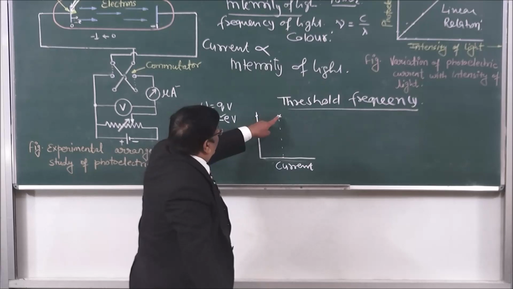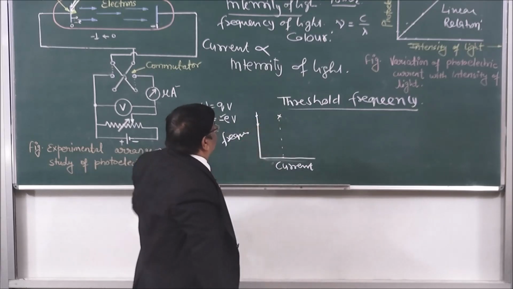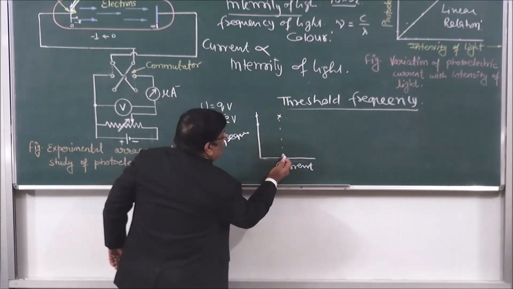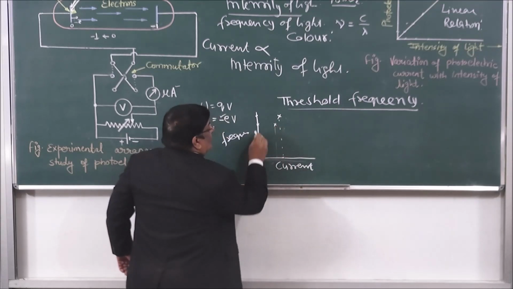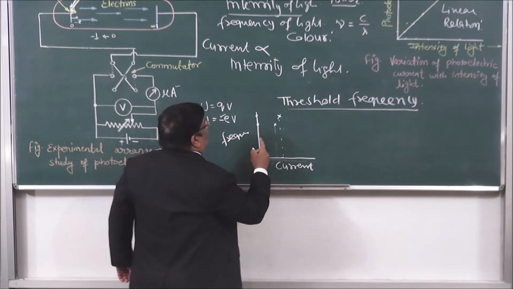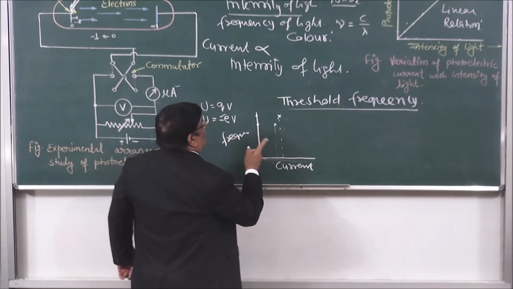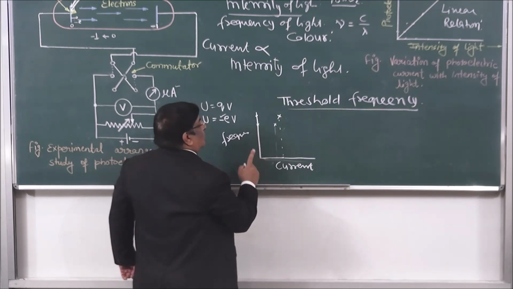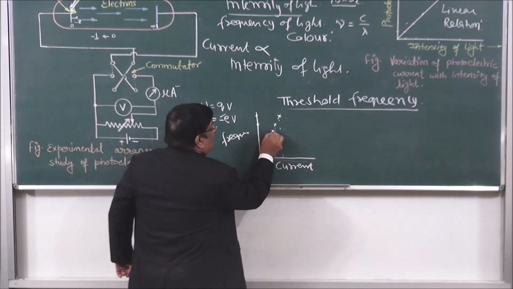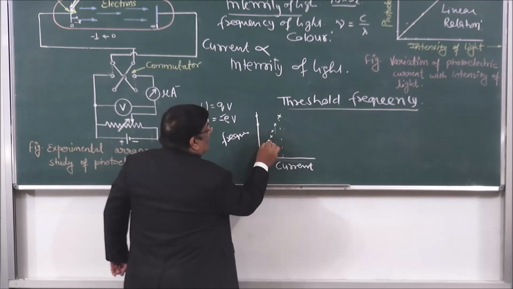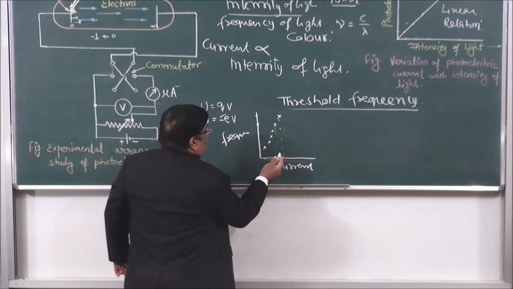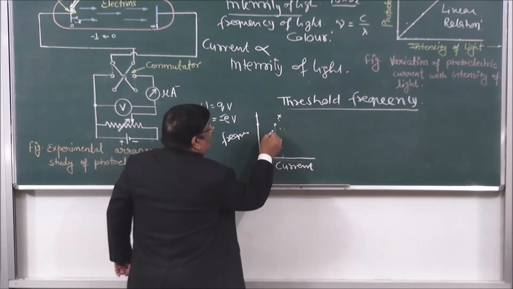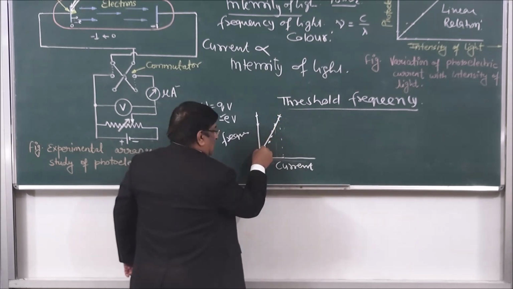This was with ultraviolet, this is with violet. With violet, we do not get so much current, we get a little less current, this much. Then violet, indigo, blue, green, yellow. Like this, we go on getting the current with different frequencies, this way.